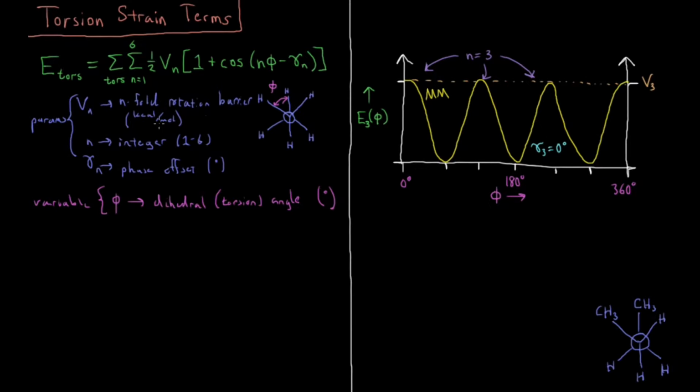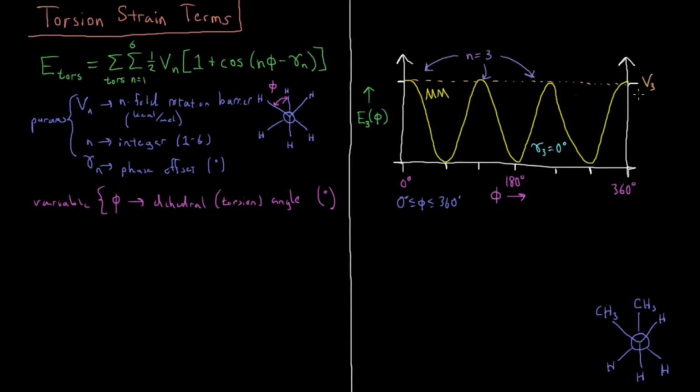Phi is restricted in its range to be between 0 and 360 degrees. We can say 0 is less than or equal to phi, which is less than or equal to 360 degrees. Okay, so this is in particular the 3-fold energy of this system. For this case, the only n you have is 3, where Vn isn't 0.